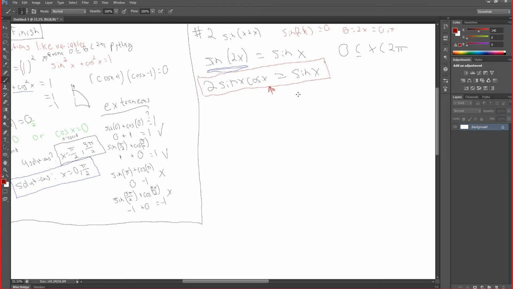Option 1 would be I could subtract sine x from both sides, right? So I'm going to have 2 sine x cosine x minus sine x equals 0. Could I divide both sides by sine of x? I could.